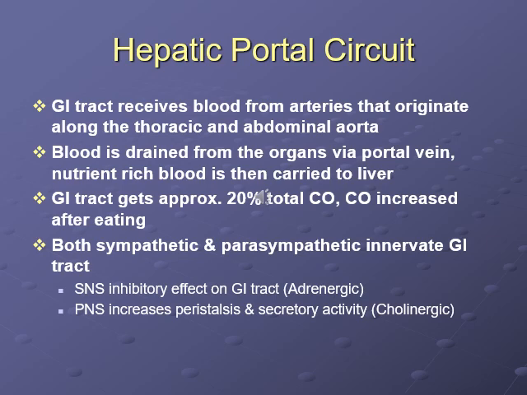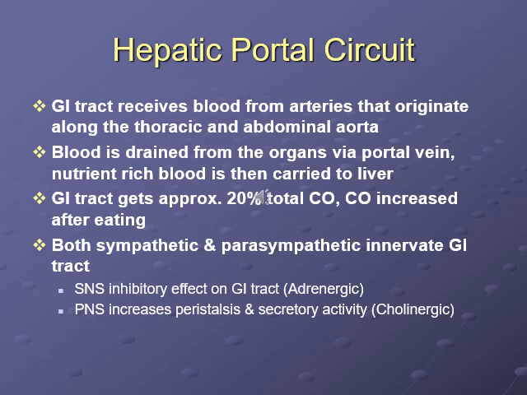So the GI tract again receives blood from the arteries that originate along the thoracic and abdominal aorta, so primarily your gastric artery and the superior and inferior mesenteric system. And then the blood that's drained from the organs via the portal vein is nutrient rich, carried to the liver, and then the liver will get it back to the inferior vena cava.